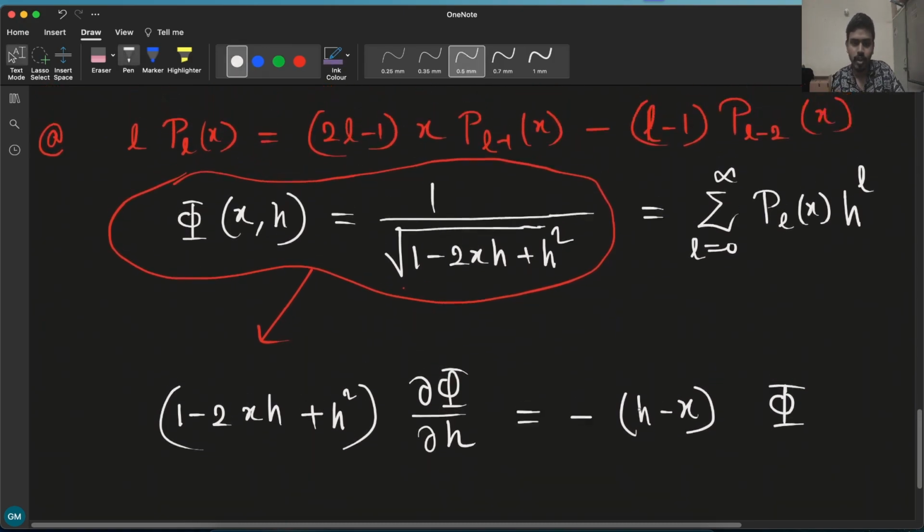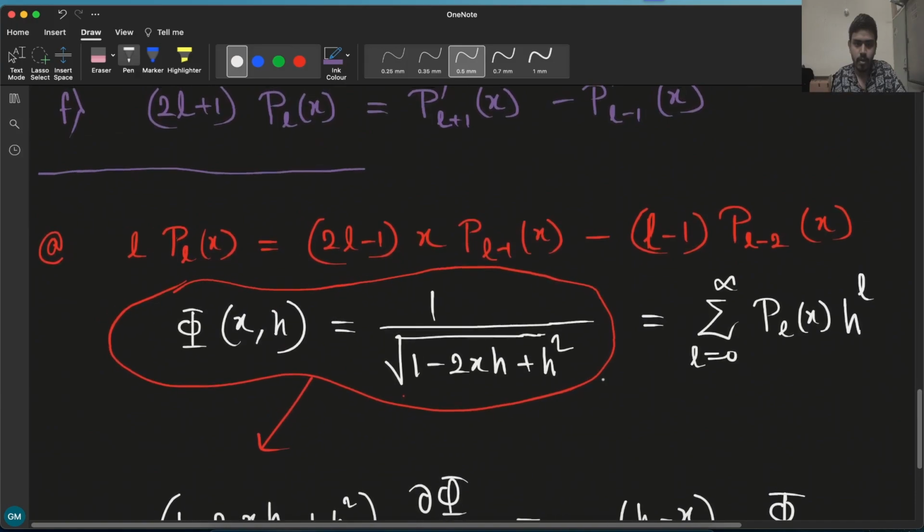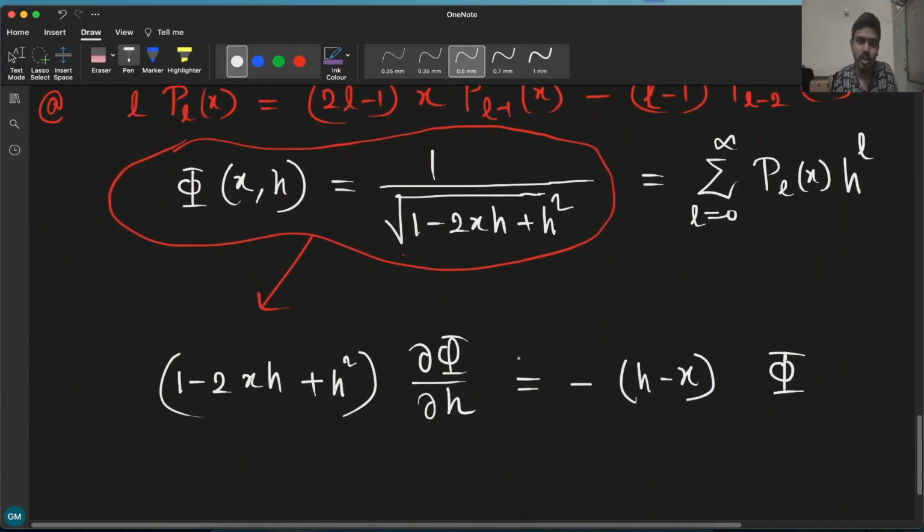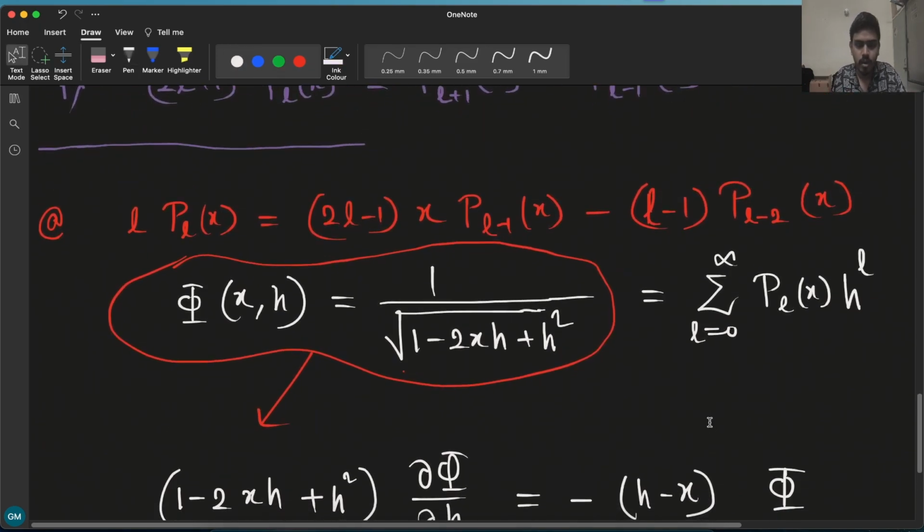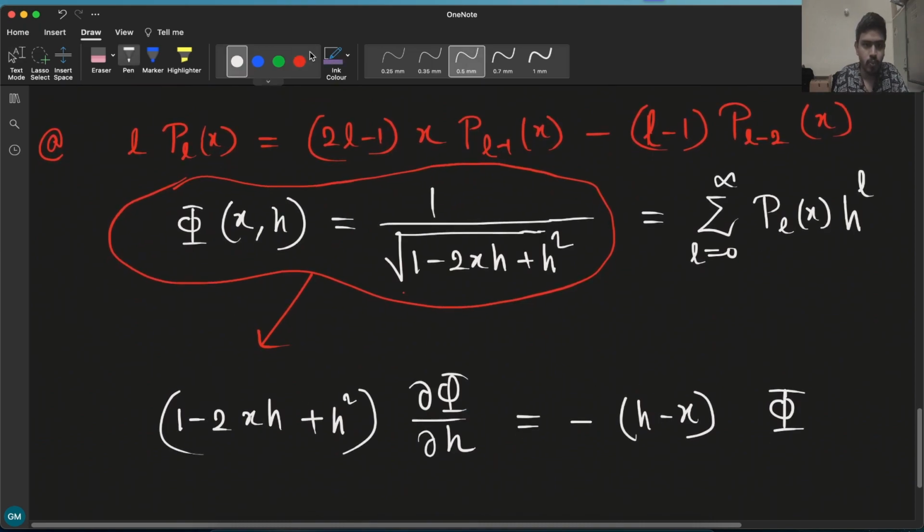You need to do the partial derivative of phi with respect to h, and then you will see that this relation follows. Prove it. Homework.